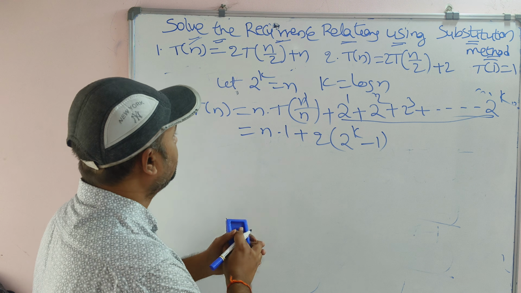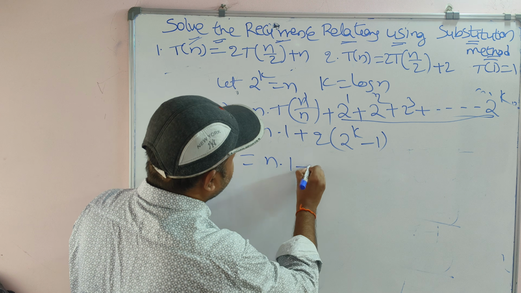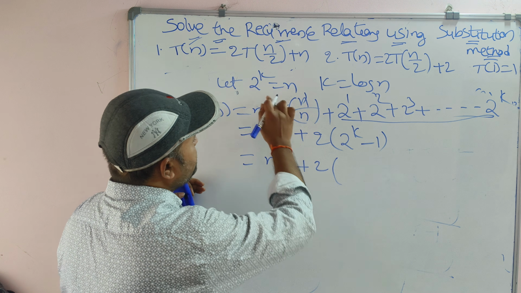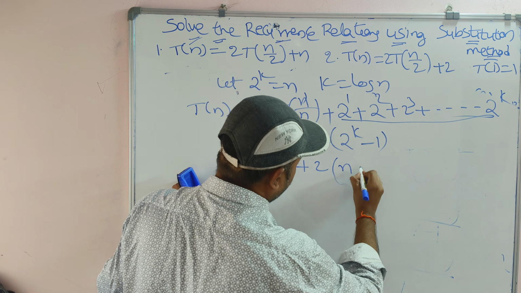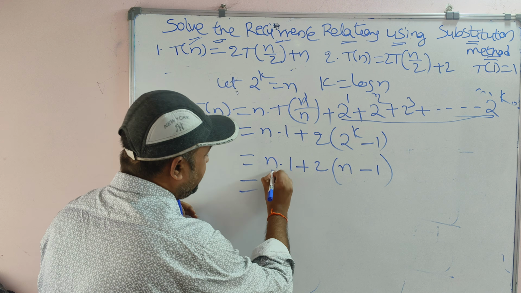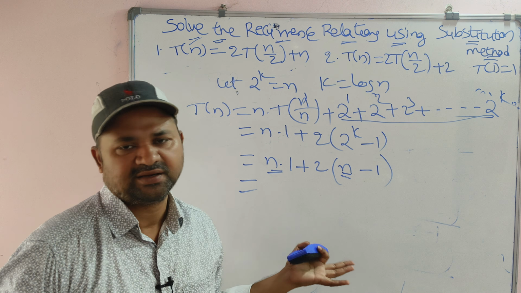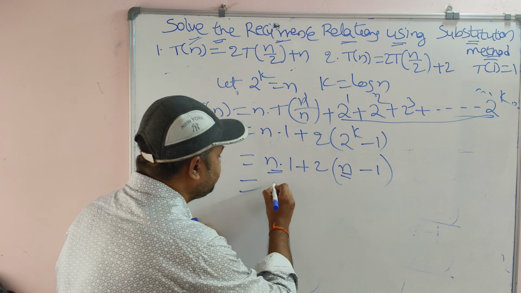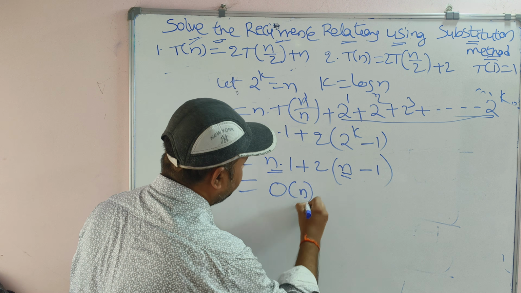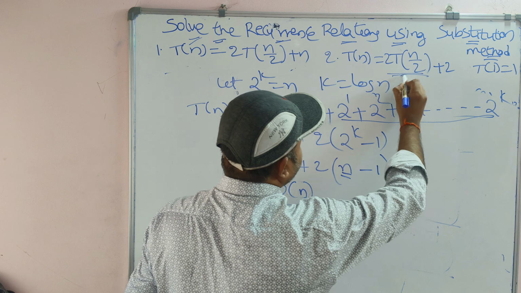Here we are assuming n into 1 plus 2 into, assuming 2 power k as n, 2 into n minus 1. So here we got n, here we got n. So n plus 2n means 3n. 3n means the time complexity is order of n. So order of n is the time complexity for this recurrence relation.